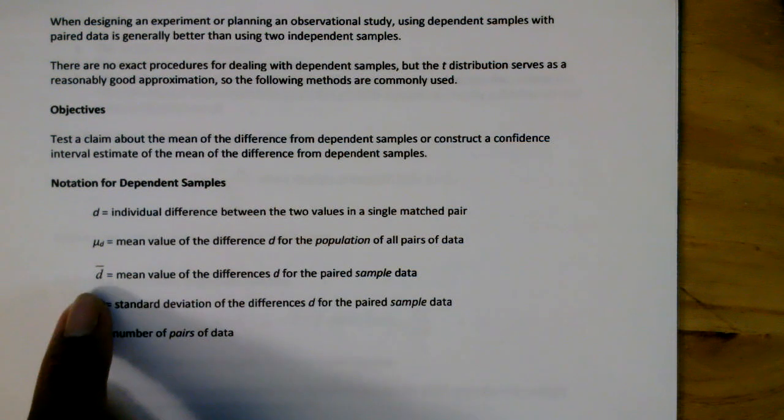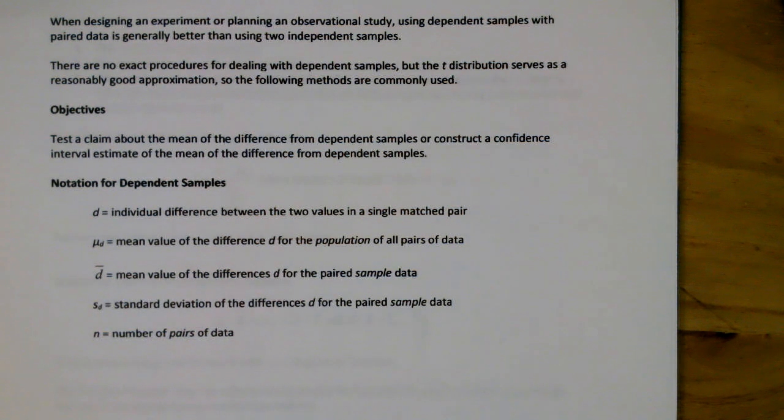D bar is going to be the mean value of the differences D for the paired sample data. So after we subtract the first minus the second, we'll take the mean by getting the average. We'll add those differences together and divide by how many paired data we have.